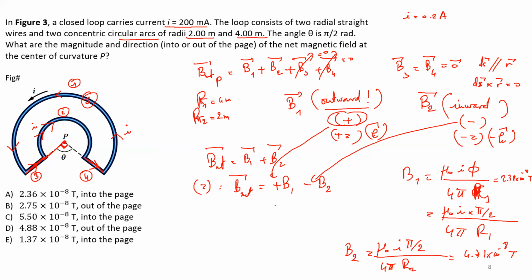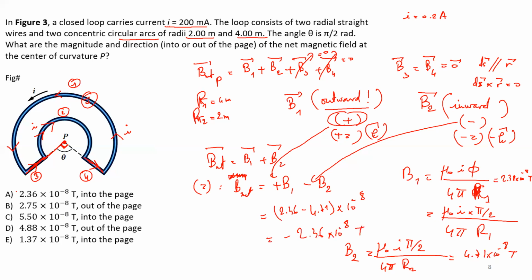Now let me put it here. When I project along Z, I find B net is equal to 2.36 minus 4.71, everything times 10 to the power minus 8. So this gives me minus 2.36 times 10 to the power minus 8 Tesla.